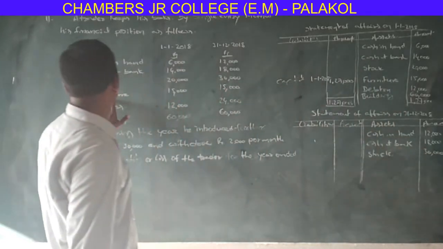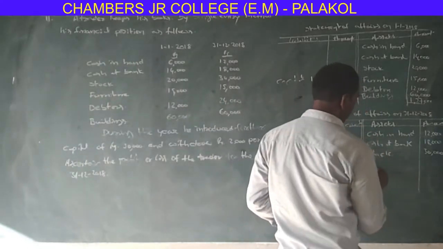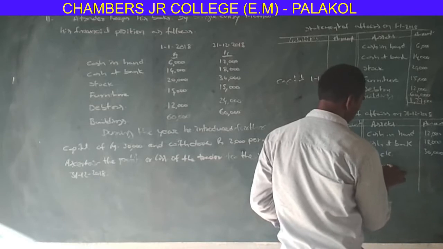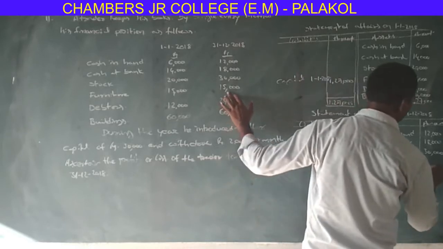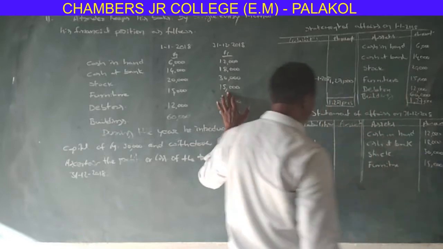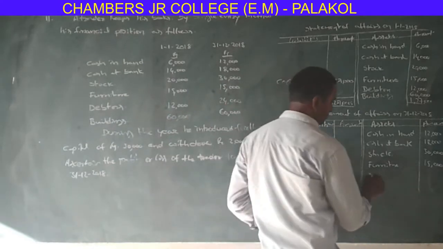Another one is furniture. Furniture is also an asset, taken into asset side. Furniture, rupees 15,000. And debtors, this is also an asset.